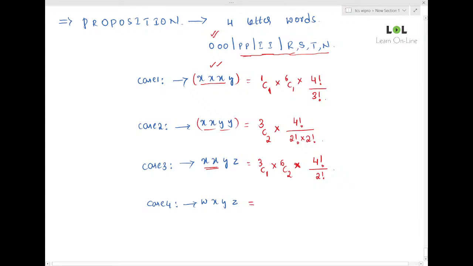Tell me, how do you select 4 different letters from the given letters? Excellent, guys. Very good. How many different letters are there? 7 are there. I need to select any 4. 7C4 into arrangement 4 factorial, no repetitions are there. So this is my final answer.